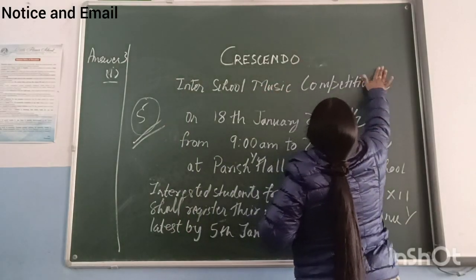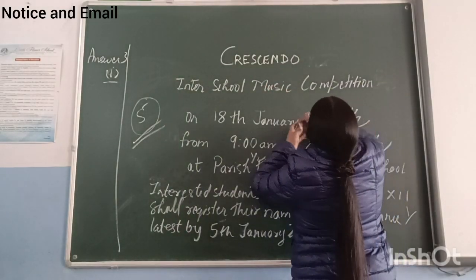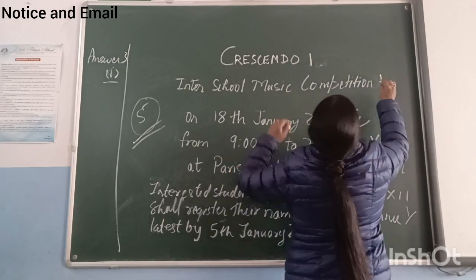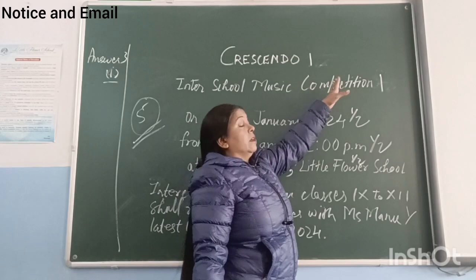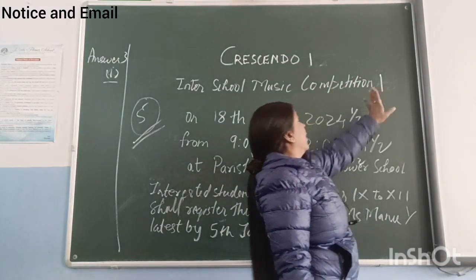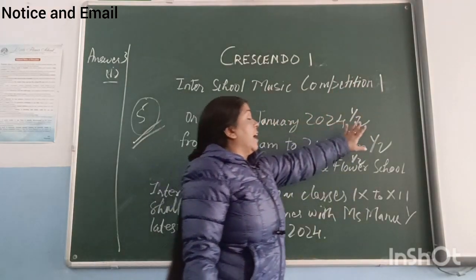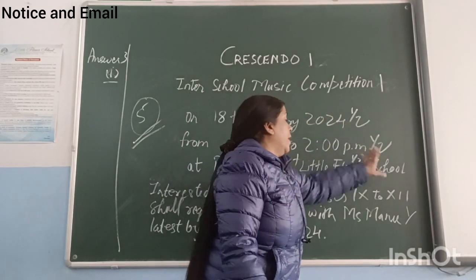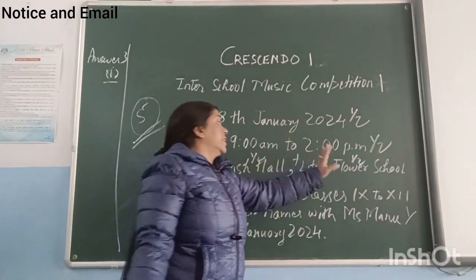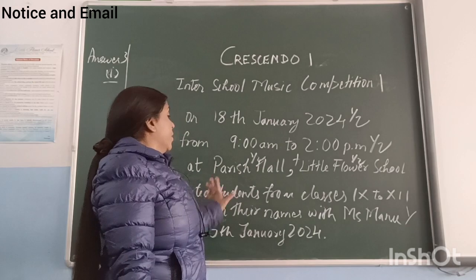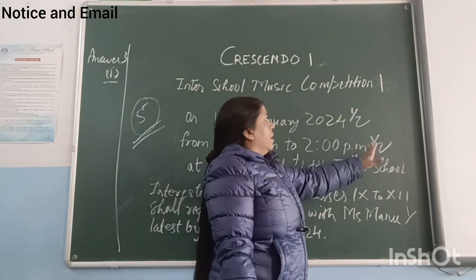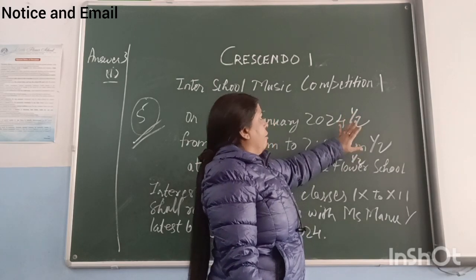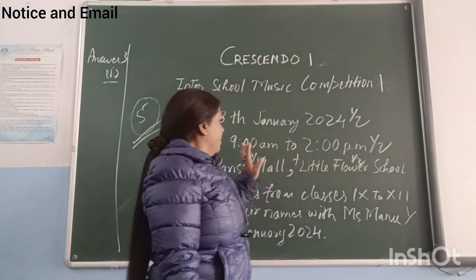I made it absolutely wrong, sorry. This creative title 1 mark, name of the event 1 mark, date half mark, time half mark, then venue half plus half, then your other details 1 mark. So 1 plus 1 plus half, 3 marks here.